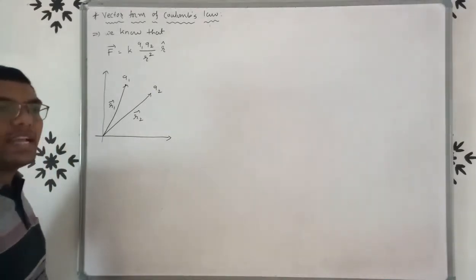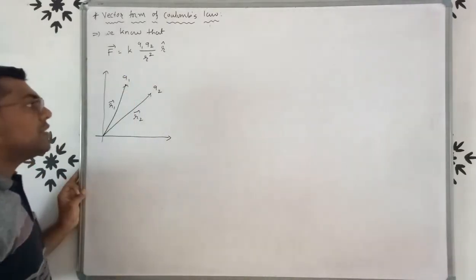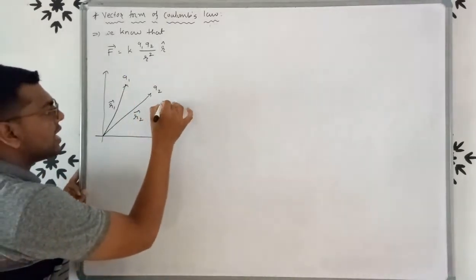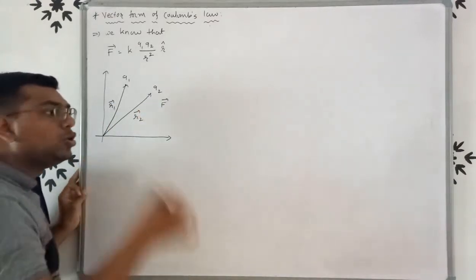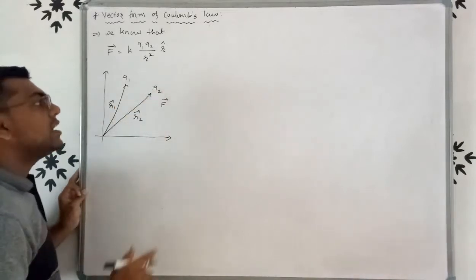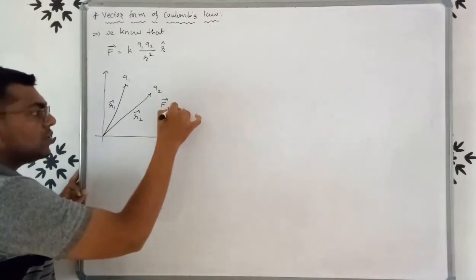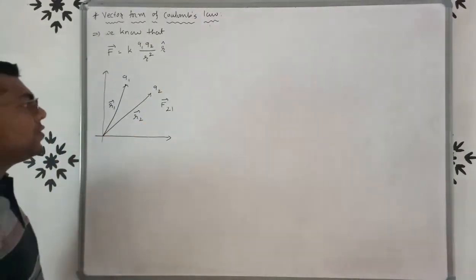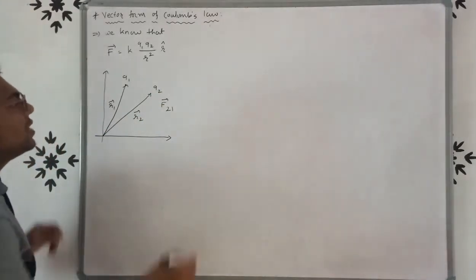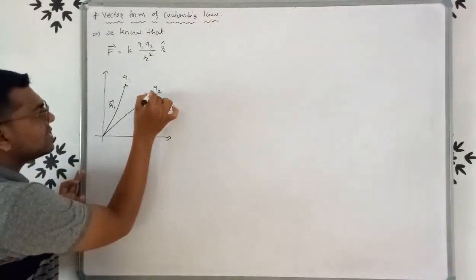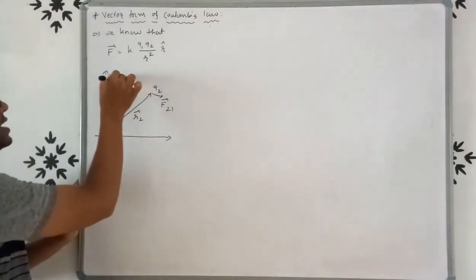The force acting on Q2 by Q1 is denoted like this, F. The force acting on Q2, so we can write F2 by Q1, so 1. So F21 is the force acting on Q2 by Q1. The direction is like this because these are positive charges which repel each other.